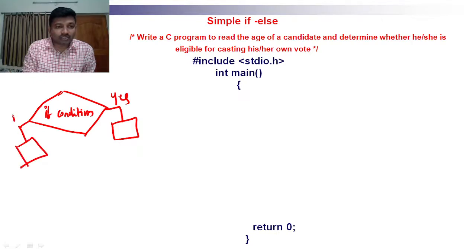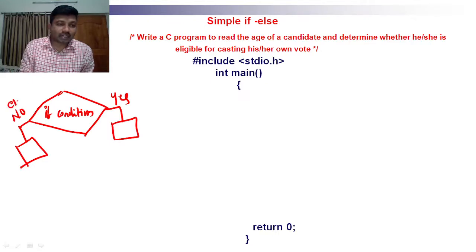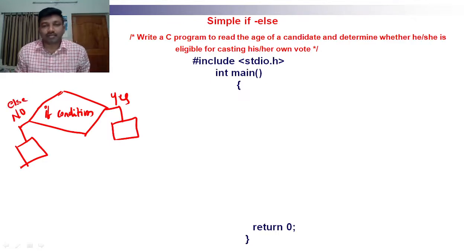So here you write two blocks in the program, but only one block gets executed: either the block in the if or the block in the else. This no part is represented with the keyword else in programming.